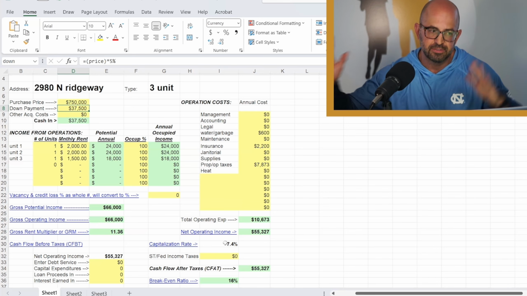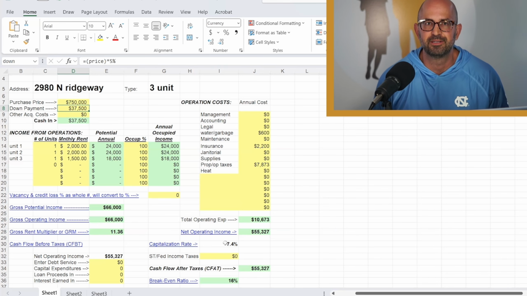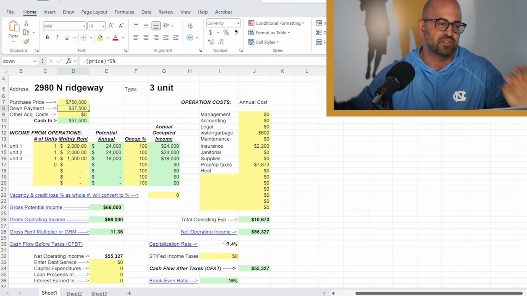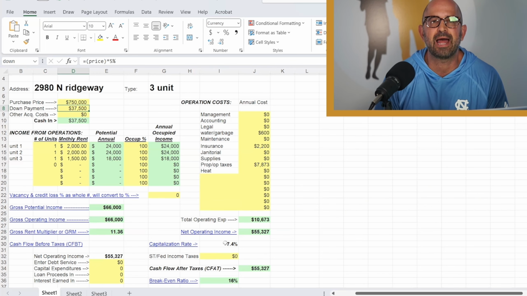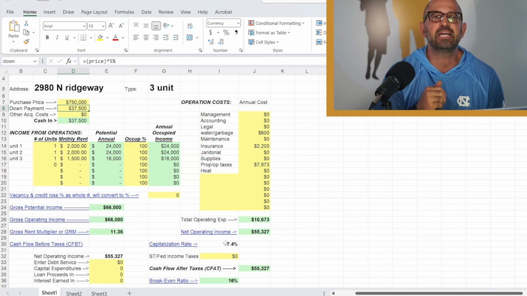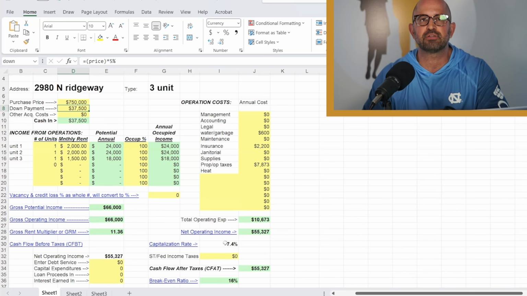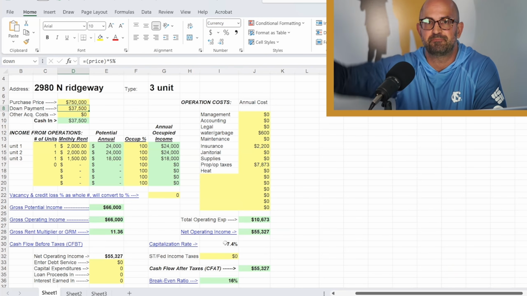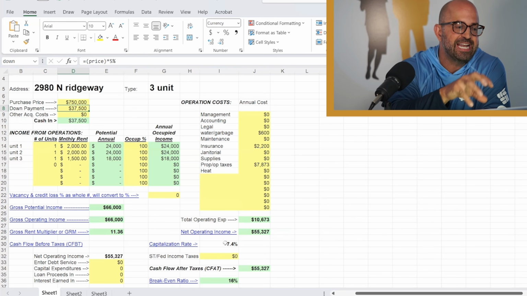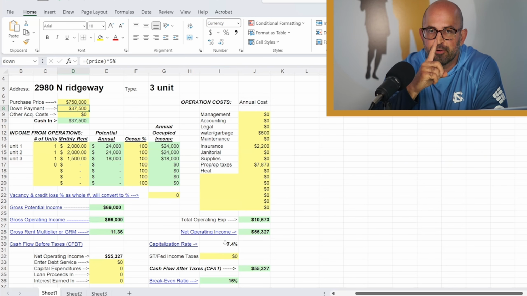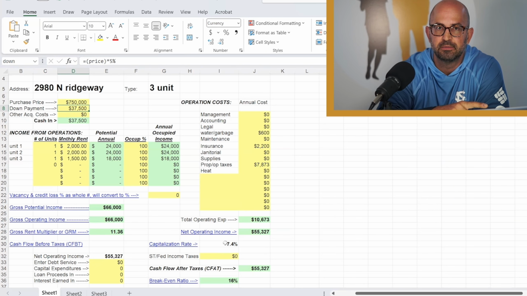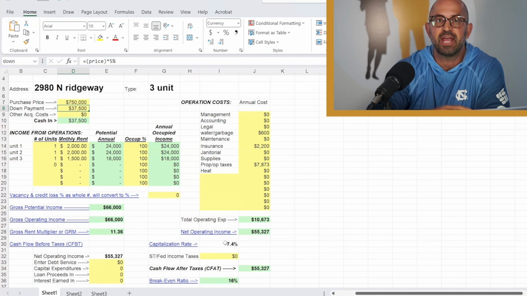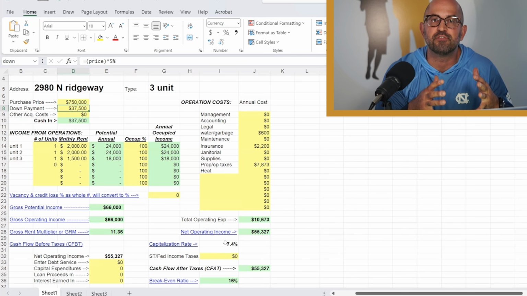Now, we don't want to sell the building, but what we've done is when we go to a bank with these rents, they're going to let me borrow 80% loan to value. I'm going to be able to pull $200,000 out of this building and now buy my next building. 2980 North Ridgeway, my first building that we fictitiously buy, ends up being the bank of you.